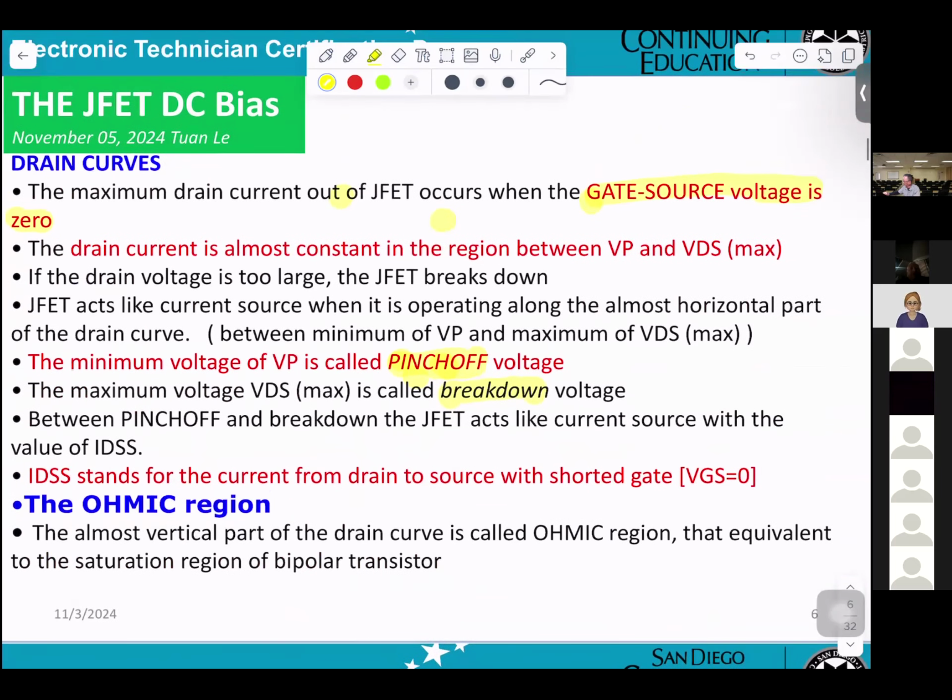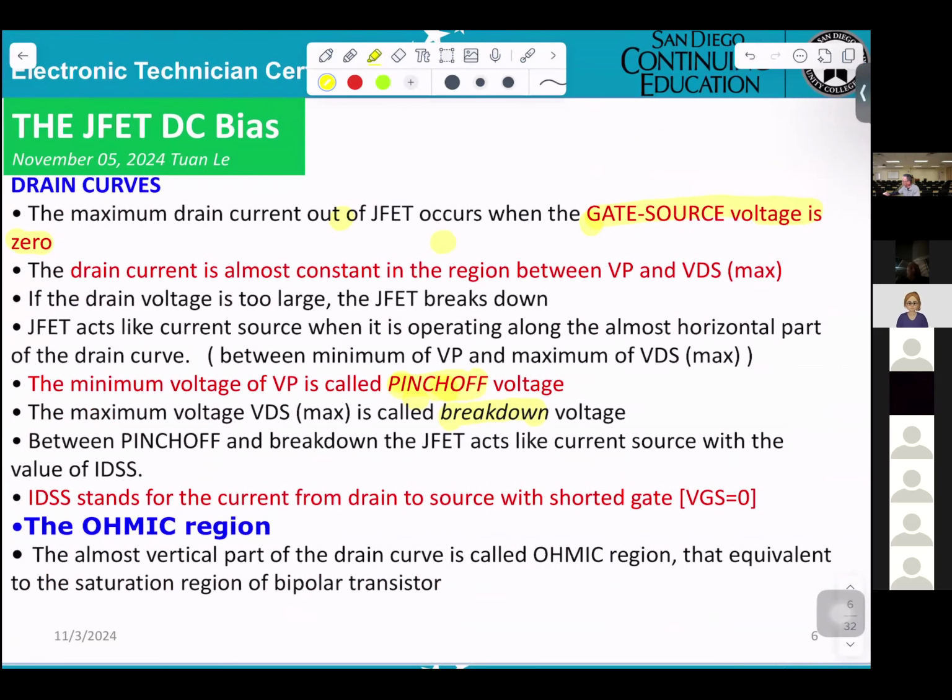Between the pinch off and breakdown, the JFET acts like a current source. The value will be IDSS.